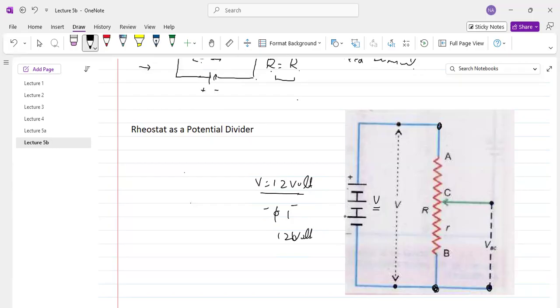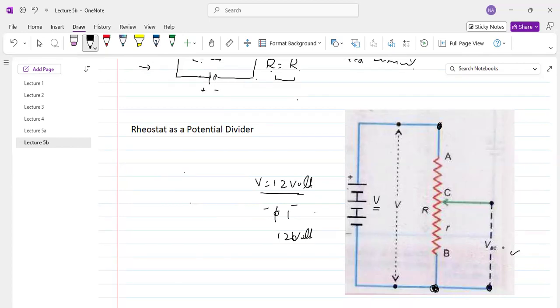In order to use the rheostat as a potential divider, we use the fixed terminals of the rheostat and also the third terminal, the sliding contact terminal of the rheostat. This means that whenever a rheostat is used as a potential divider, all three terminals of the rheostat are used, both the fixed terminals and the sliding contact, the third C terminal.